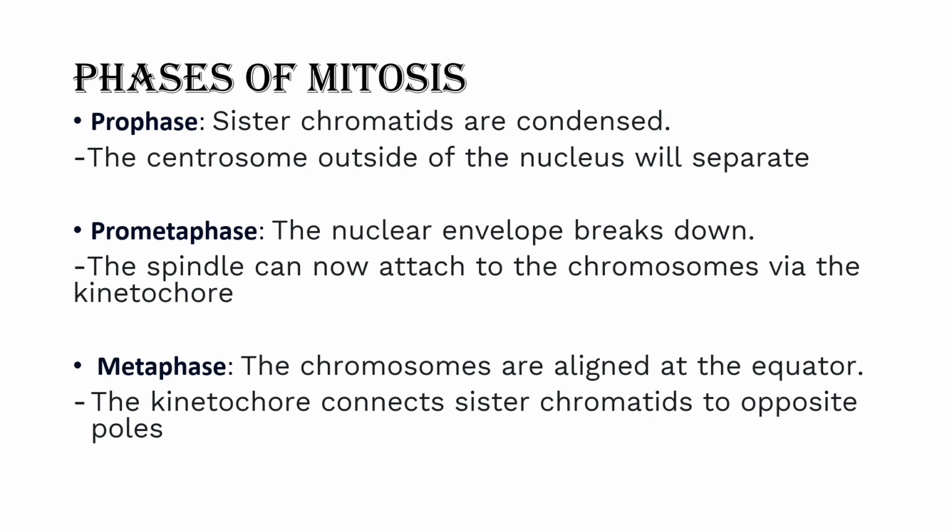They are not yet aligned, but they are aligned only in metaphase. So in metaphase, the chromosomes are aligned at the equator, and the kinetochore connects the sister chromatids to the opposite poles. When we talk about sister chromatids, we are talking about the chromatids that are combined together to form a chromosome.